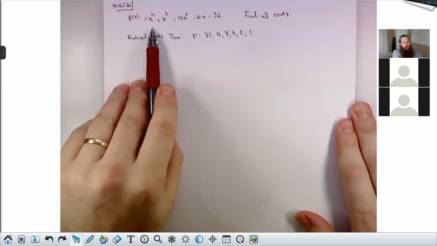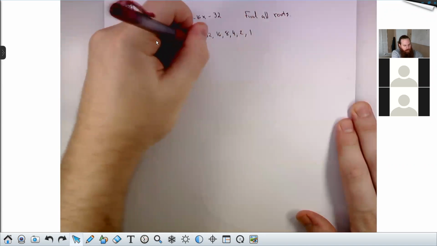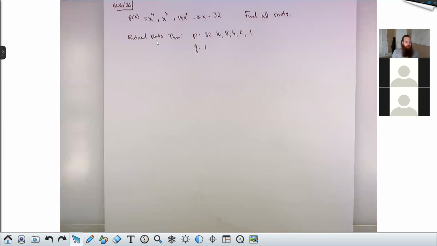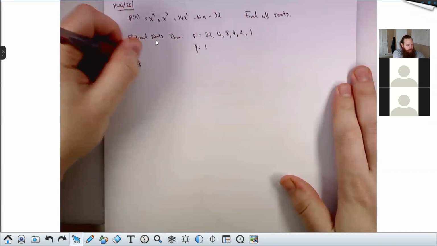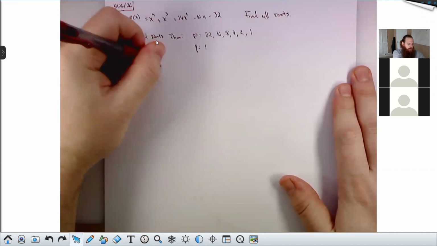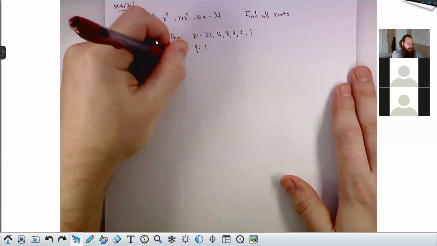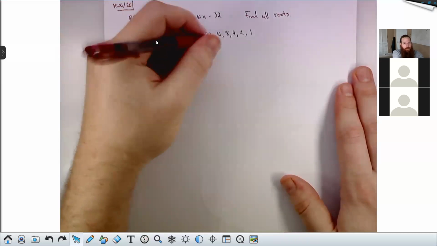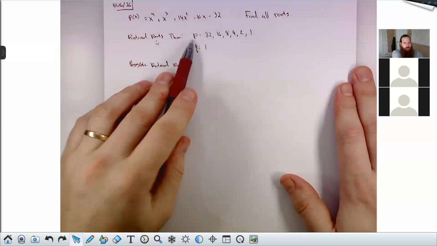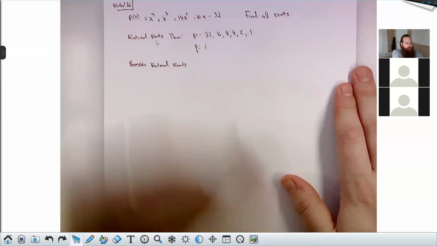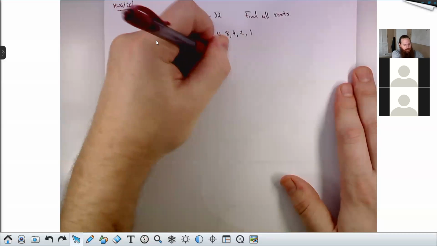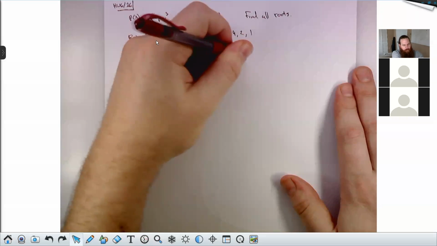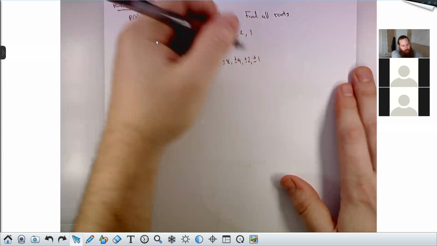And divisors of 1, my q's, are just 1. So the possible rational roots are plus minus all the ratios where the p numerator comes from this list and q, the denominator, comes from that list. So that's plus minus 32, plus minus 16, plus minus 8, plus minus 4, plus minus 2, plus minus 1.